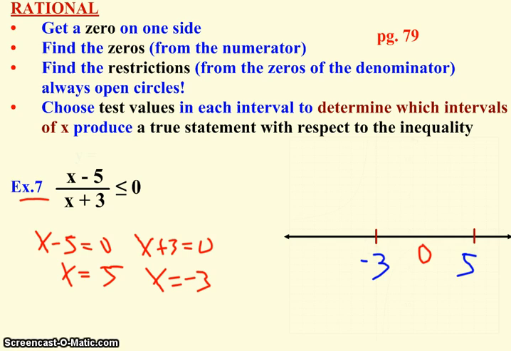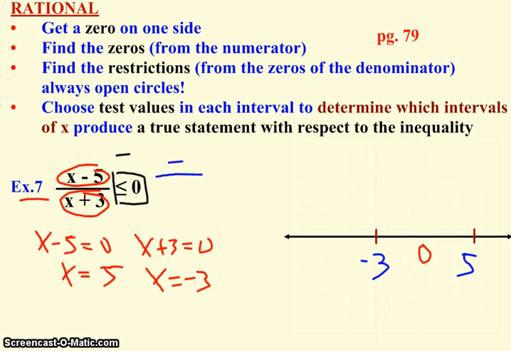When you're looking to satisfy the inequality, it's division. So when you plug into the numerator and the denominator, you have to ask what sign divided by sign produces. What it says we want is less than or equal to 0, or negative. The equal to part is fine, but really we're looking for negative. If you plug in 0, 0 minus 5 is negative 5, so that's negative.